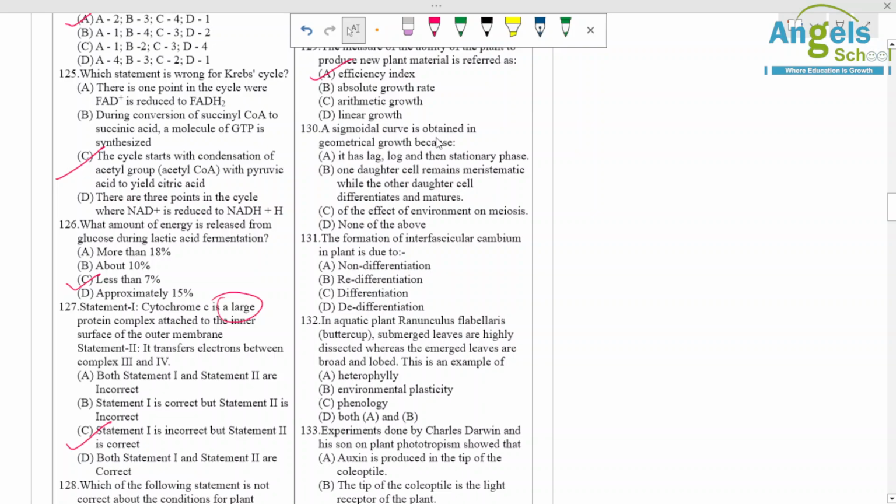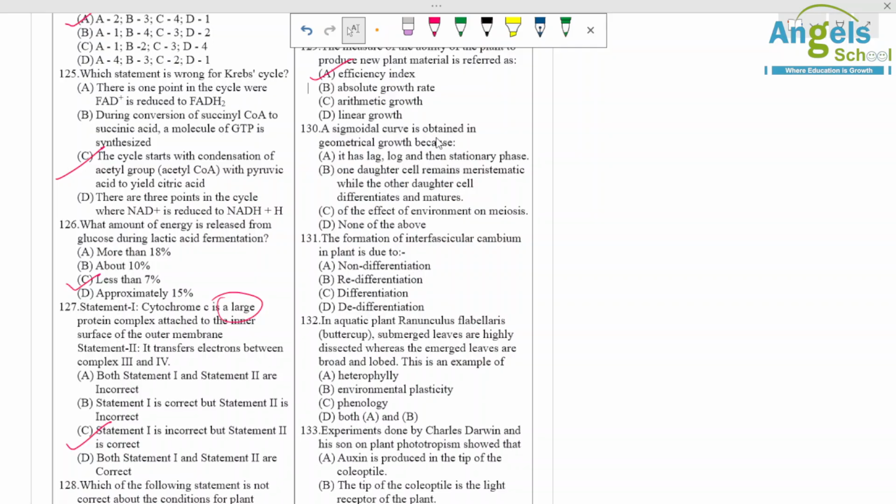A sigmoidal curve is obtained in geometrical growth because it has lag, log, and then stationary phase. Option B: one daughter cell remains meristematic while another daughter cell differentiates and matures. Option C: the effect of environment on meiosis, and none of the above.